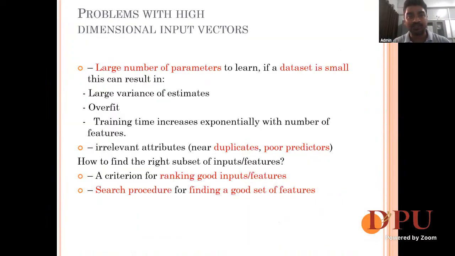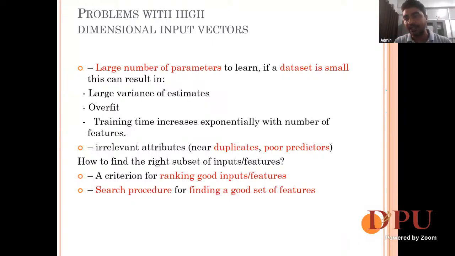Once you have all those features, you have a large number of features and the data size is small. Maybe you have 500 X-rays and you come up with 100 features, so the matrix will be 100 by 500. Now, what is the problem? Once you extract more and more features, there is a high chance of duplicate features and poor predictors. So you need to rank, and come up with some ranking strategy.